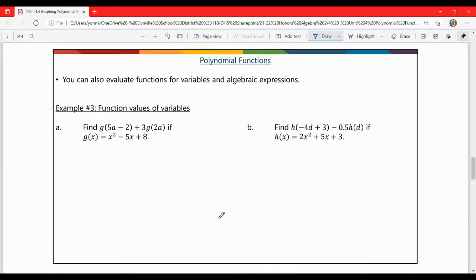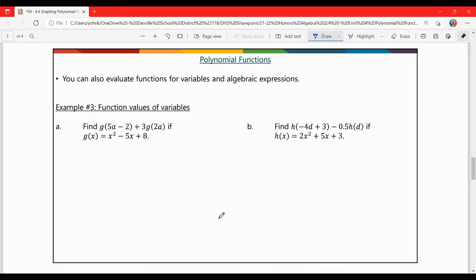Now, sometimes you have to plug in stuff that's a little more challenging than just 4. And so we can also substitute in algebraic expressions. So let's take a look at number 3. We need to find g of 5a minus 2 plus 3 times g of 2a.